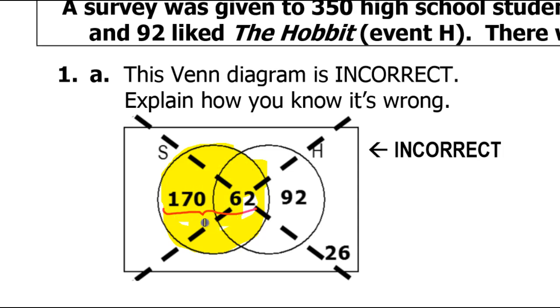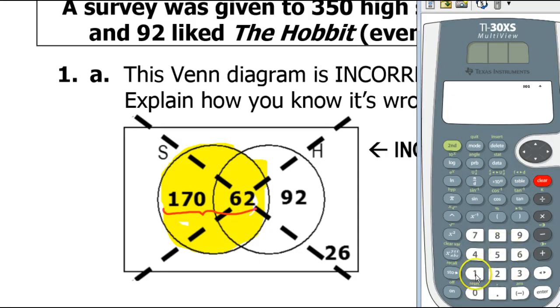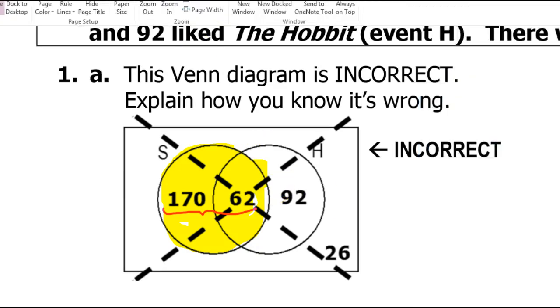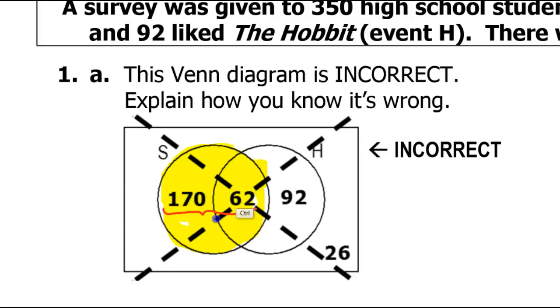All right, not just the outer part, the whole circle. So within this circle, I have 170 and 62. So that would be 170 plus 62. That's 232 students. So according to this incorrect diagram, 232 students like Star Wars.